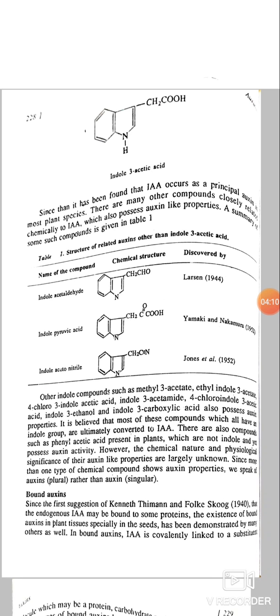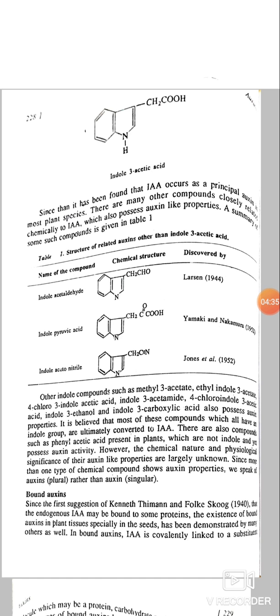There are many other compounds closely related chemically to IAA which also possess auxin-like properties. A summary of some such compounds is here.